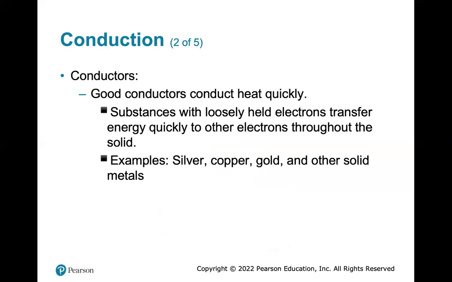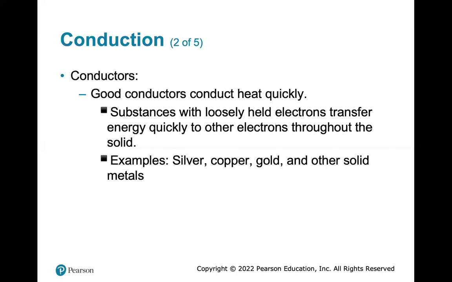Good conductors conduct heat quickly. Substances with loosely held electrons transfer energy quickly to other electrons throughout the solid. Examples are silver, copper, gold, and other metals. Of those three that I just mentioned, silver is the best, then copper, then gold. Those are the most thermally conductive materials.